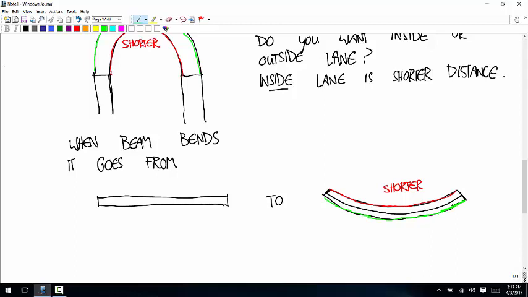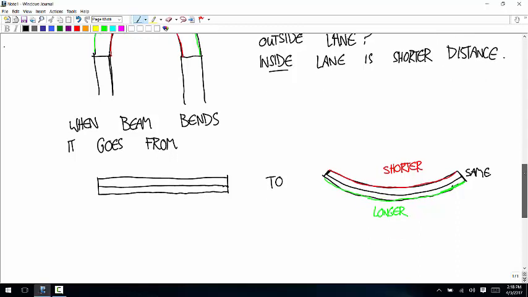So when you bend it, the top in this case is shorter. The bottom is longer. And the black somewhere in the middle has to be the same, if one part is shorter and one part is longer.